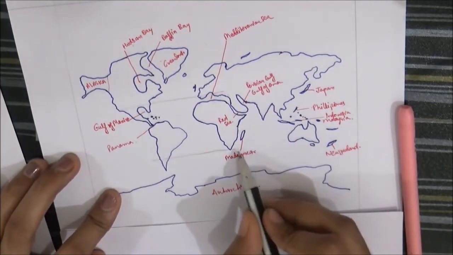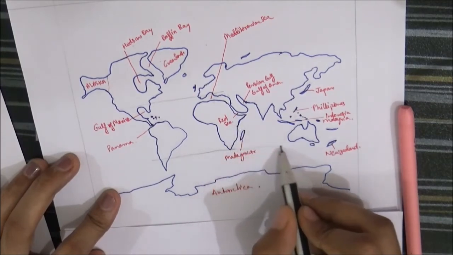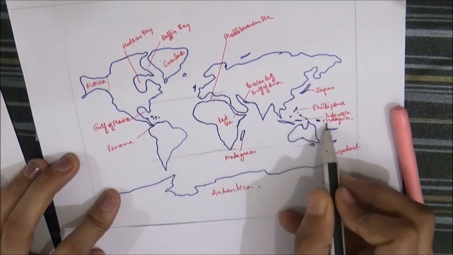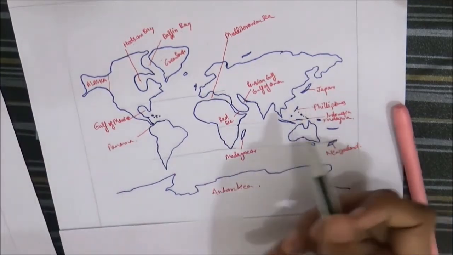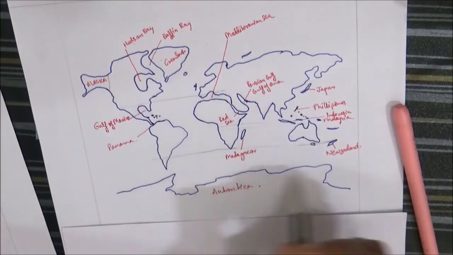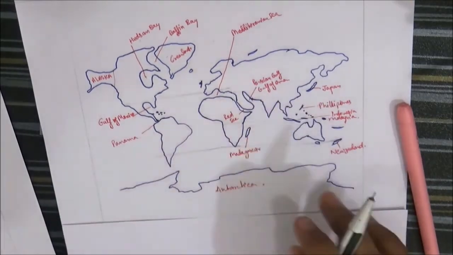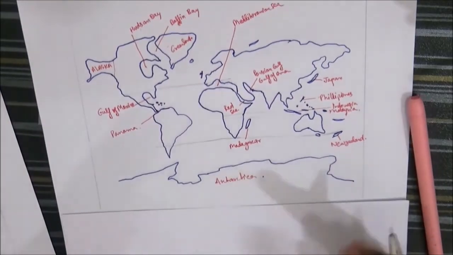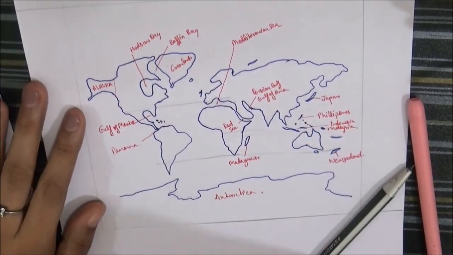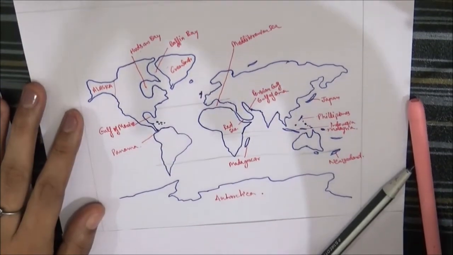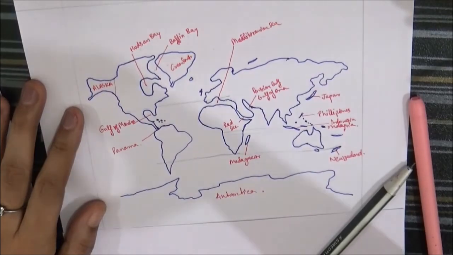And one more thing: with the end of Africa, Australia is over here, and from the middle it's there. So you can remember through these references from one to another in proportion. My advice is to practice this map more times, because then it will give you more accuracy, and also reduce your time.